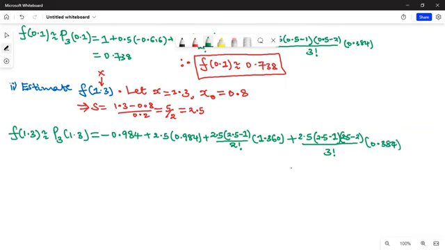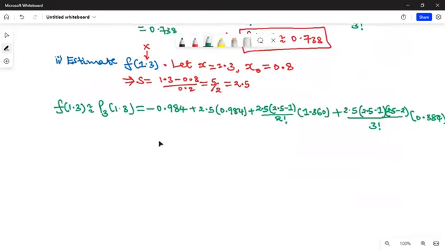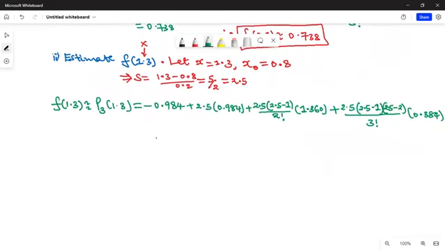So again, press this in your calculator. What do you get? Just press it the way it is. This should give you 4.146.